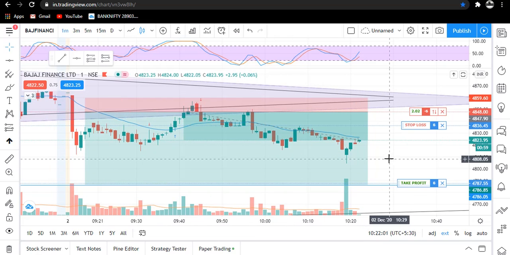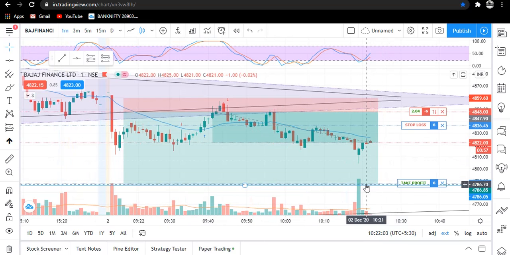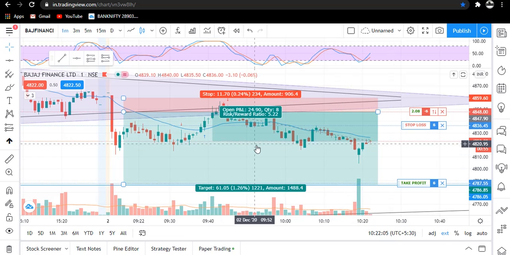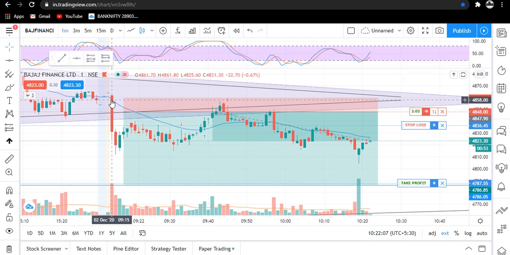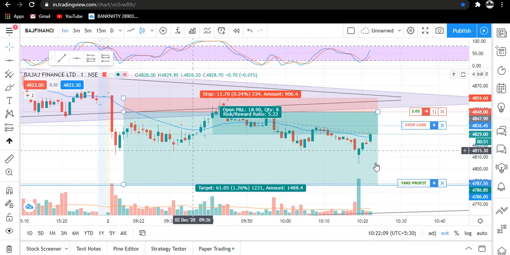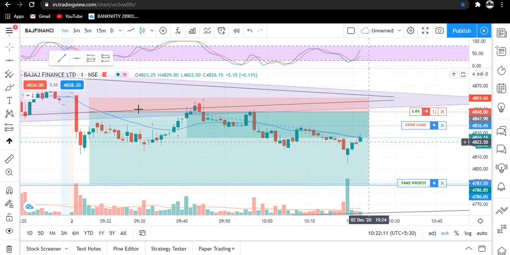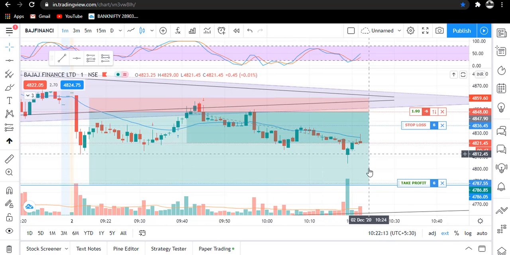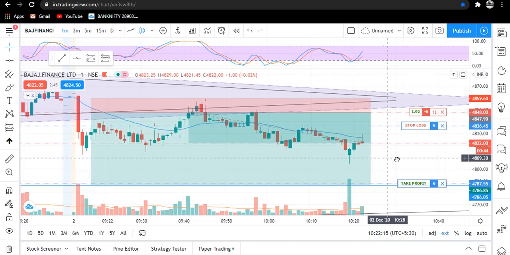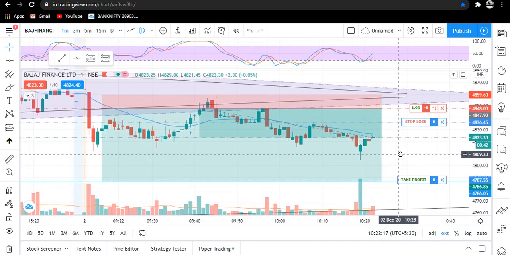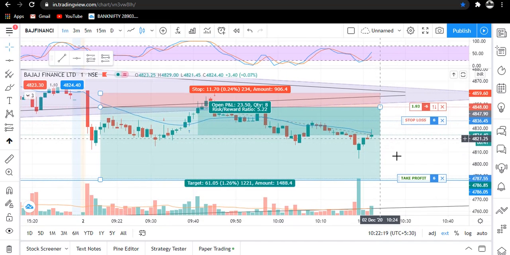So traders, let me explain you why this is happening. So there are chances traders that the sellers might have came here. Okay, let me first focus on trade, then I will explain you, as it is trying to cross 25 EMA.